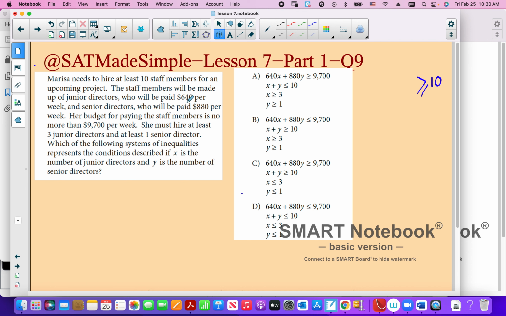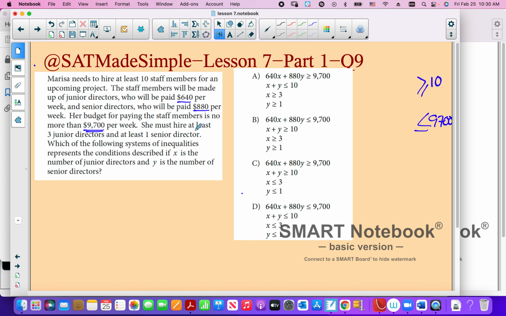The junior staff is paid $640 per week, and the senior staff is paid $880 per week, and the budget for the staff members is no more than $9,700. No more than, that's less than or equal to $9,700.